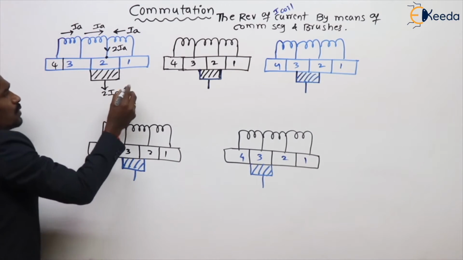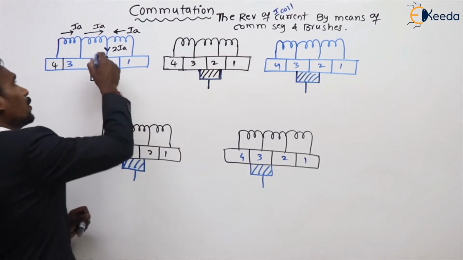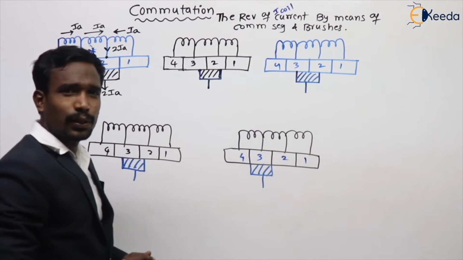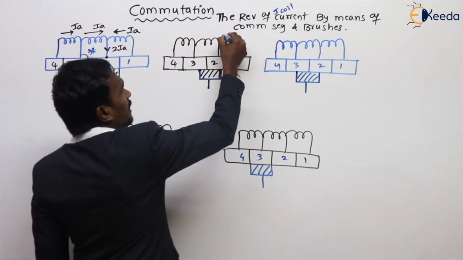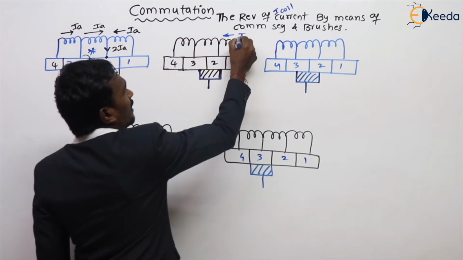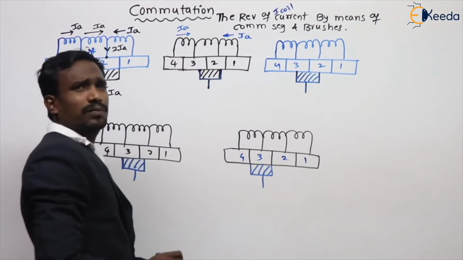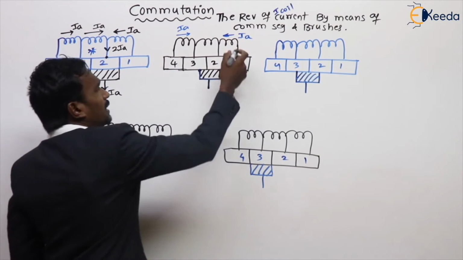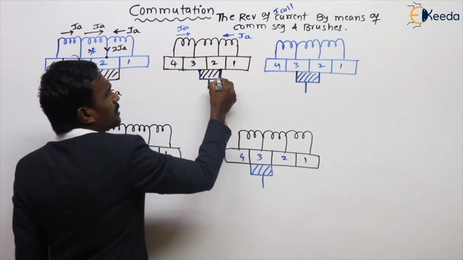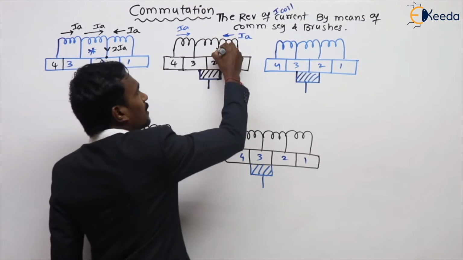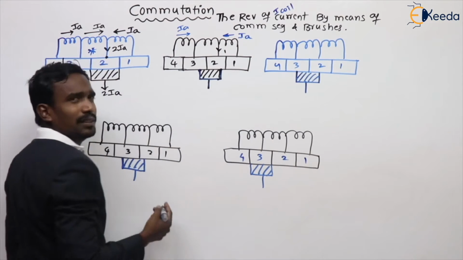You have to observe this coil current. When this coil comes here, we have a brush contact of 75%, that's why IA is collected here.